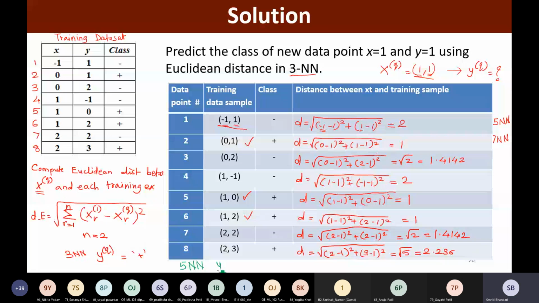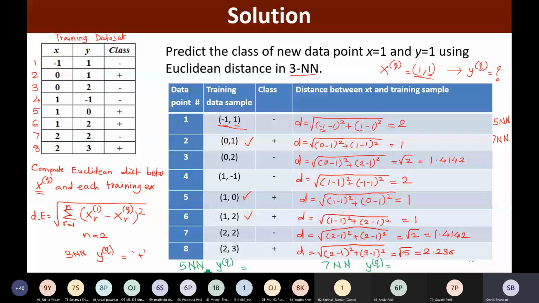For 5NN, what is my YQ? And for 7NN, what is my YQ? Anybody who can answer? We are having all these statistics with us.